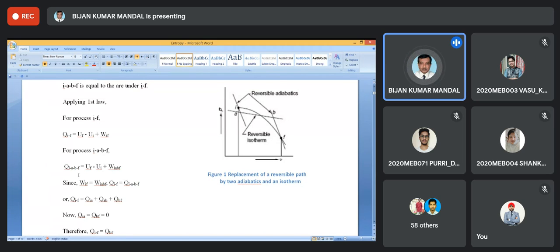And that is the work done in that process. We have drawn it in such a way that the work done during the original process and the replaced process are the same, and the change in internal energy is also the same. Therefore the heat transfers will also be the same. This follows straightforwardly from the two equations: Q_IF is equal to Q_IABF.